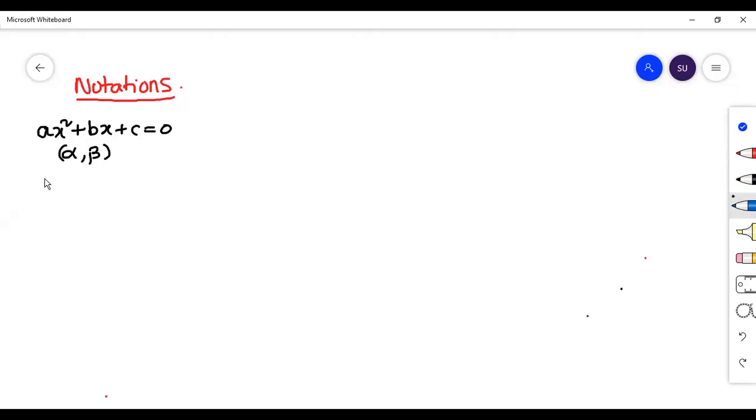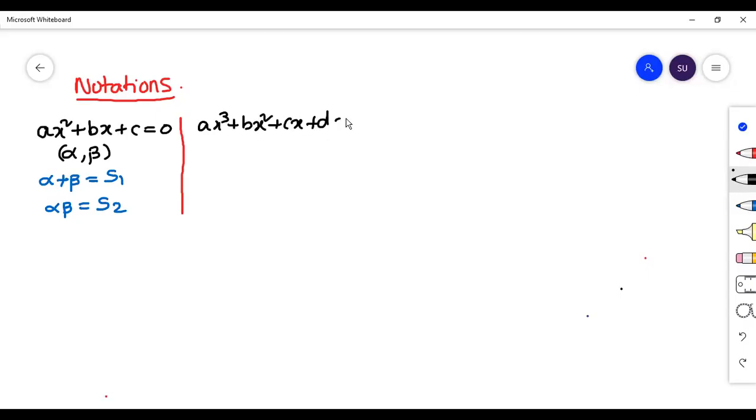Then we know that the sum of the roots is minus b by a, but I'm not stating the formula now. Let alpha plus beta be S1, and the product of the roots, alpha beta, be S2.